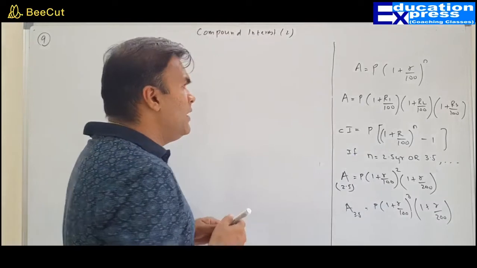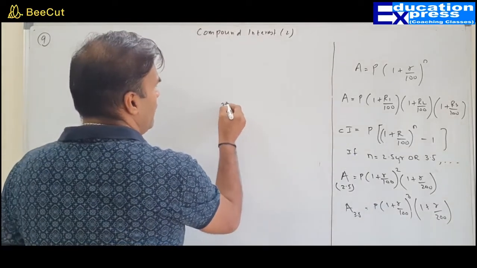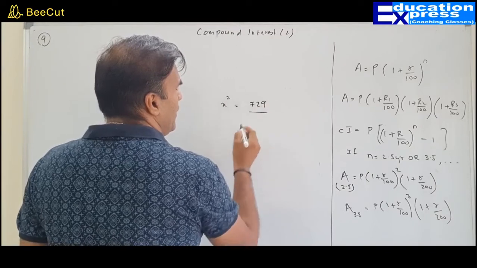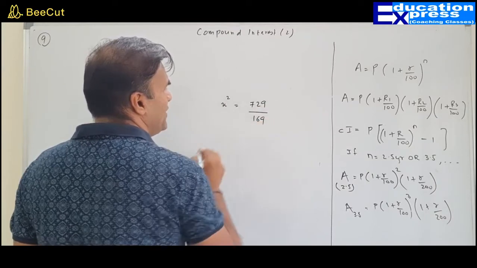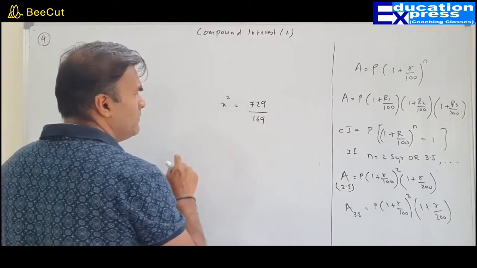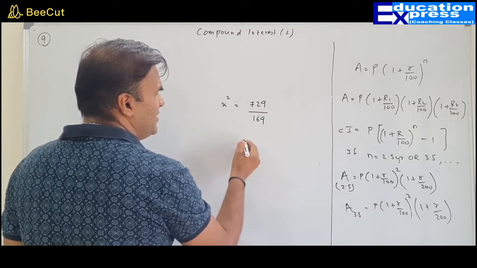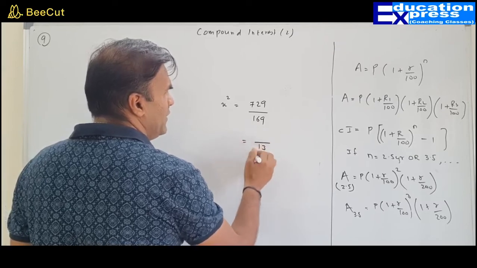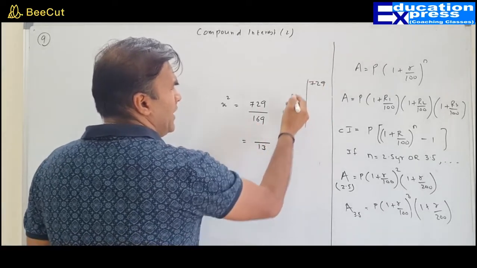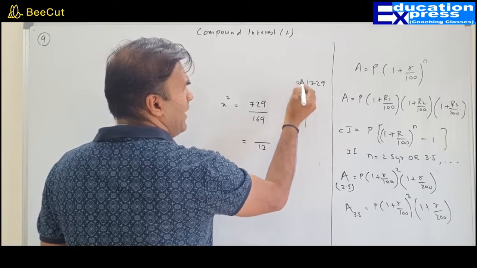For example, if x square equals, let us say, 729 upon 169, one must know how to go about finding the square root of this number. We all know that 169 is a square of 13. What about 729? You can find out from here if there is any possibility. So you can go by 3.